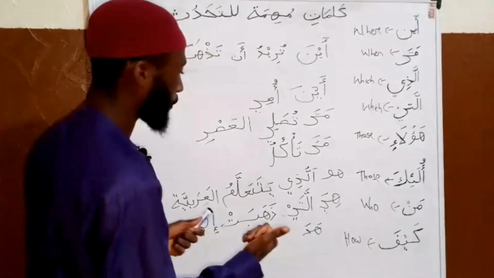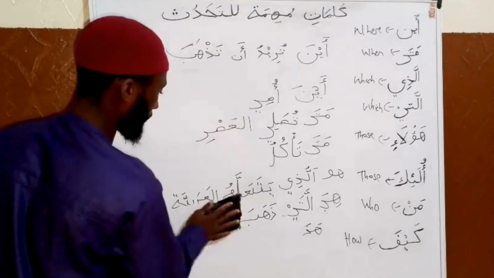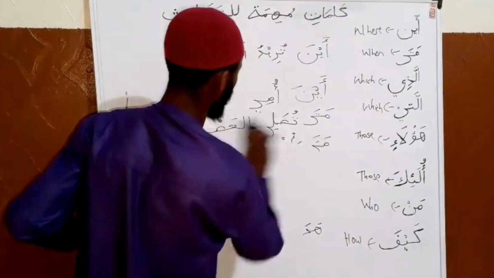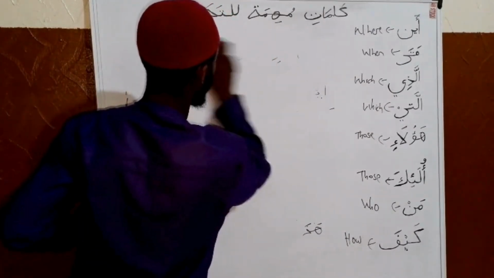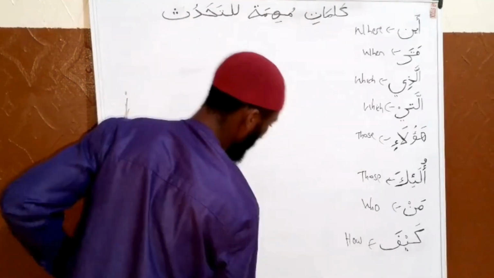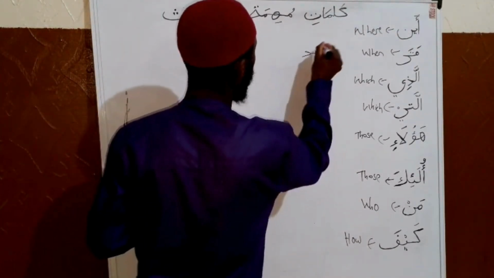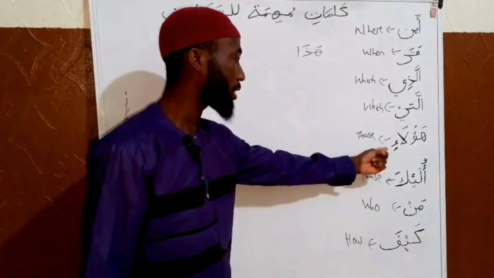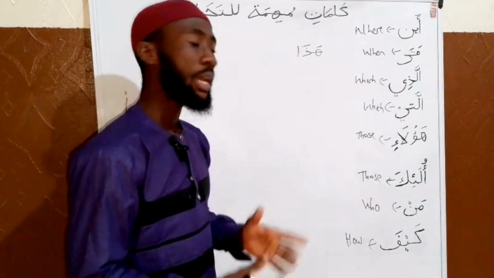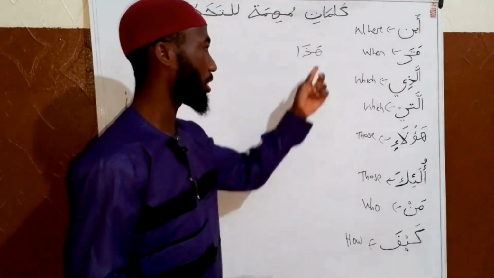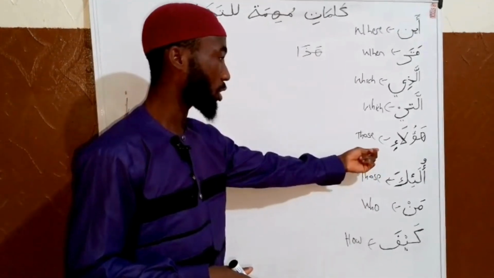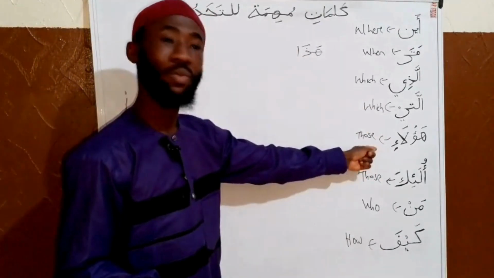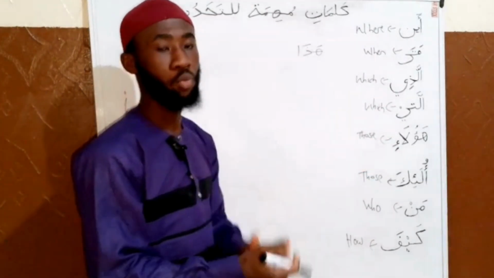We have talib, hada talib. Hada is the singular, while haulai is the plural.